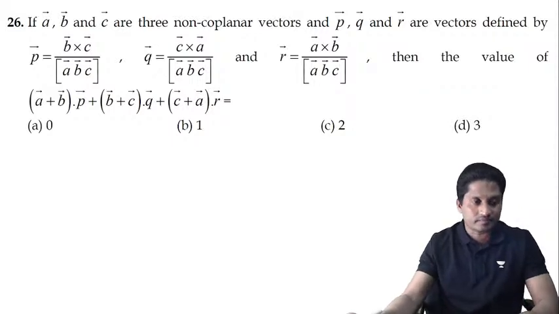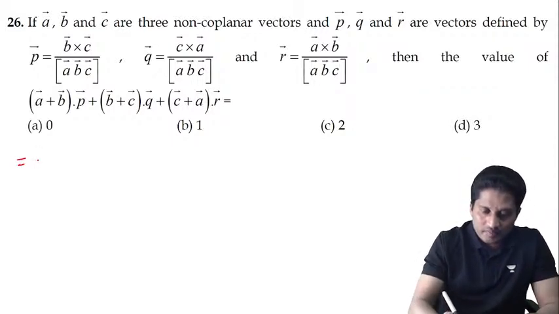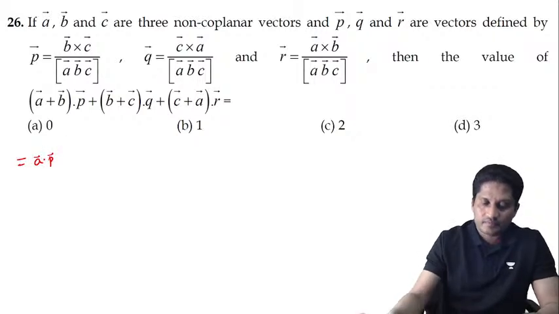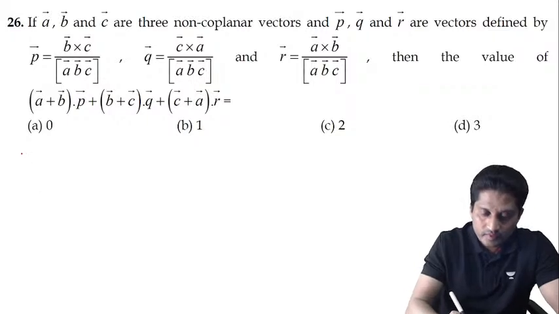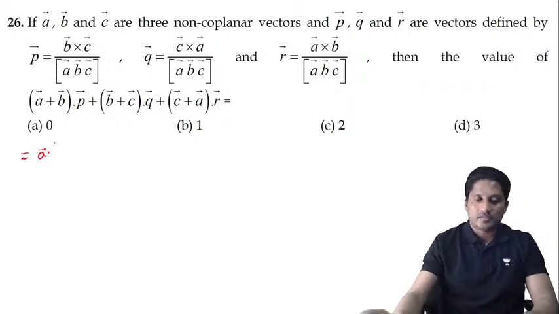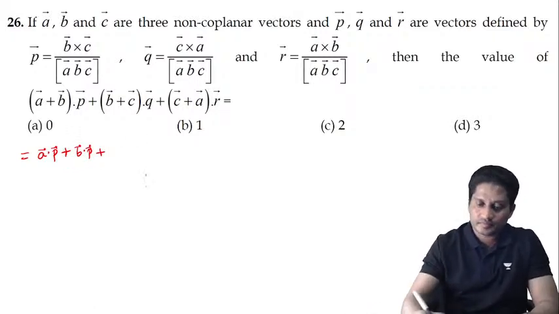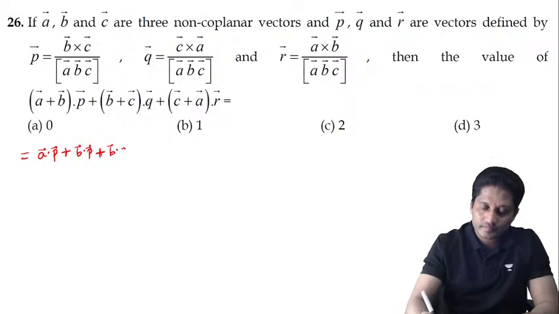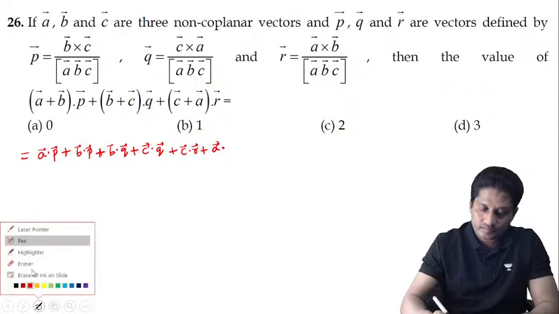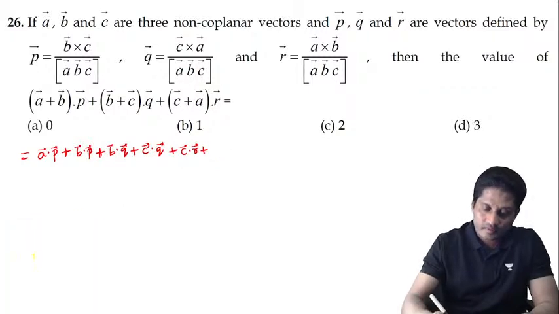See, this can be written as A dot P plus B dot P plus B dot Q plus C dot Q plus C dot R plus A dot R.